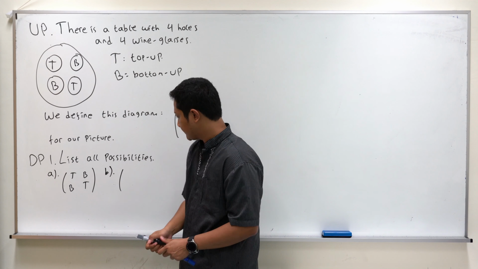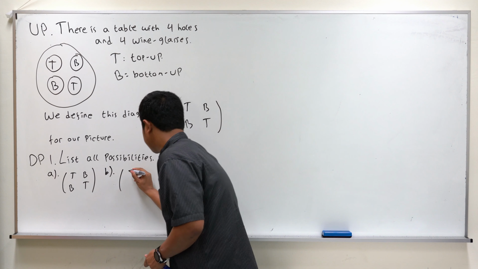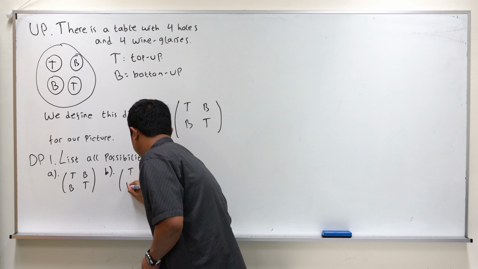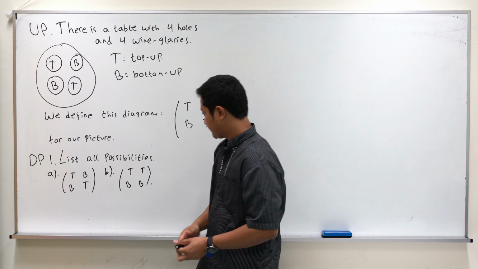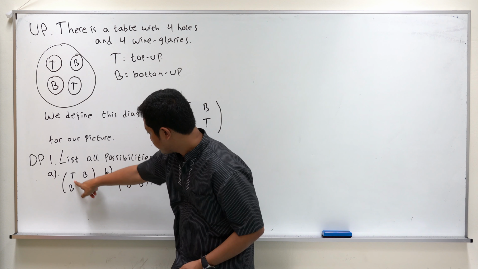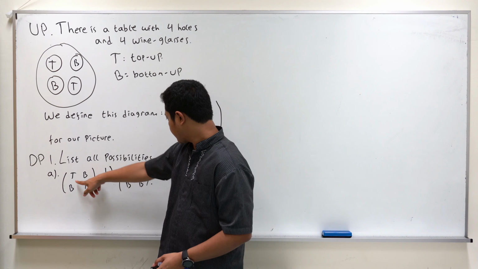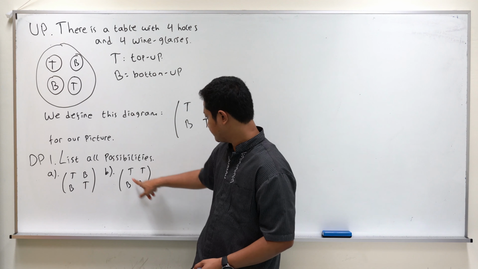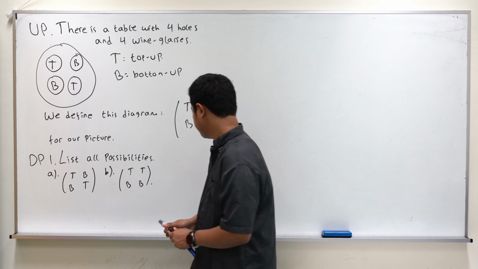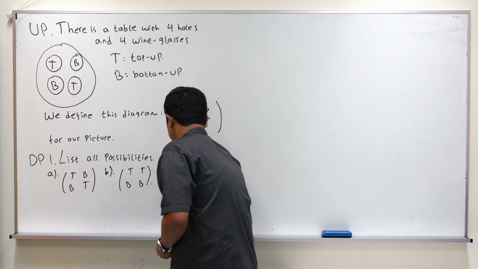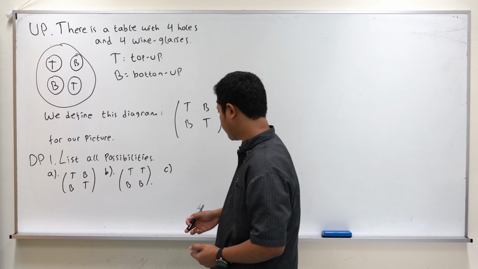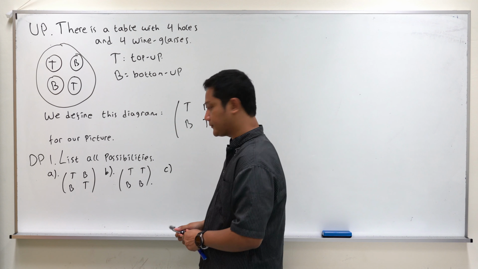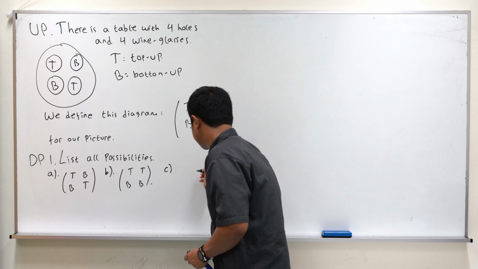Okay, two different. Maybe, yeah, this one is a little bit different. TT, BB, because two glasses with the same orientation are not at the diagonal, so it should be different. And C, I have two. So what happens if I have one different from the other glasses?